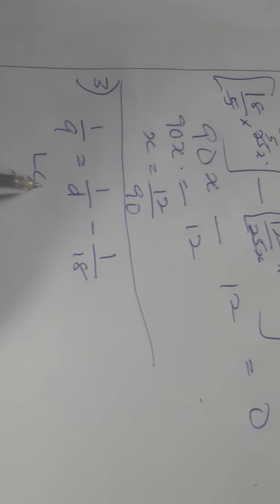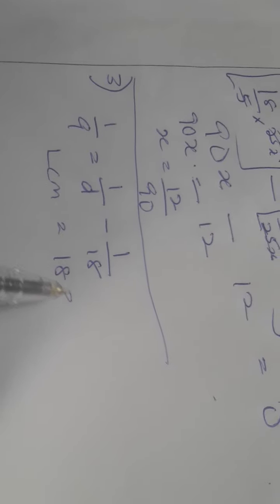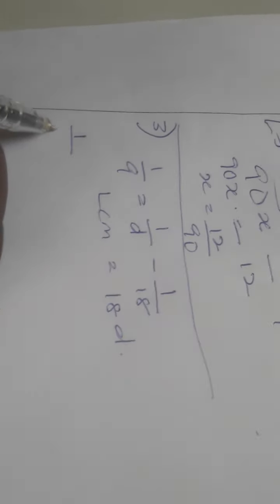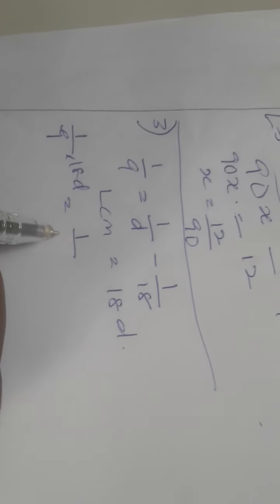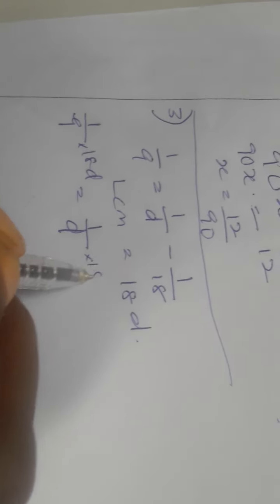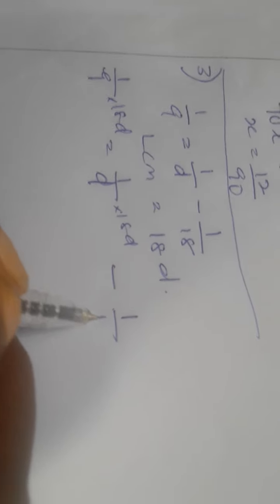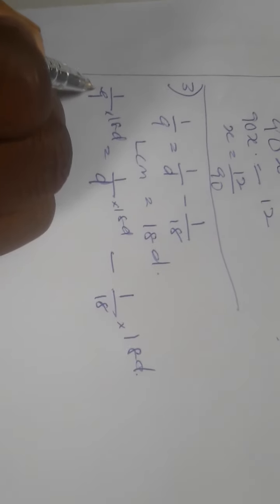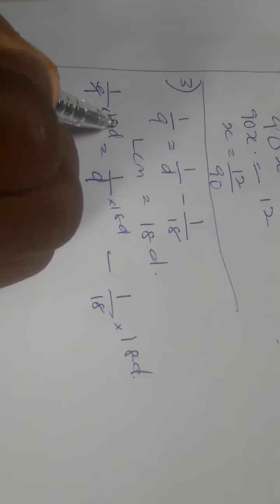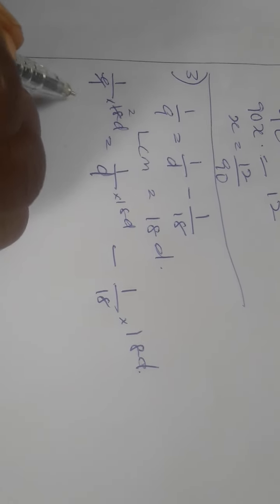So our LCM is 18d. So we have 1 over 9 times 18d is equals to 1 over d times 18d minus 1 over 18 times 18d. 9 in 18, you have 2, so you have 2d.